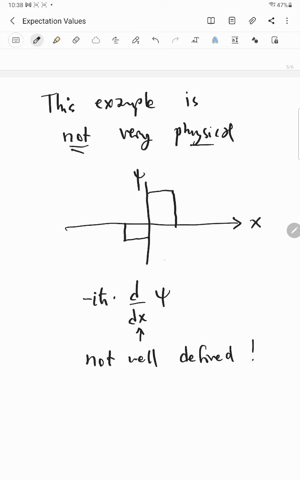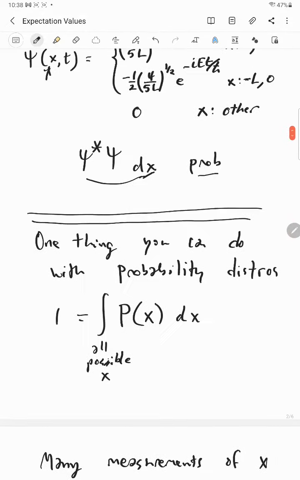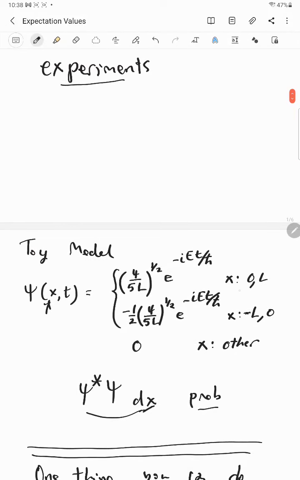But anyways, the derivative is not well defined in this piecewise defined thing, because remember, the derivative is the slope. The slope here is well defined; the slope is 0. If you look at the wave function, there are long parts of the intervals over which the wave function is defined that are independent of x.